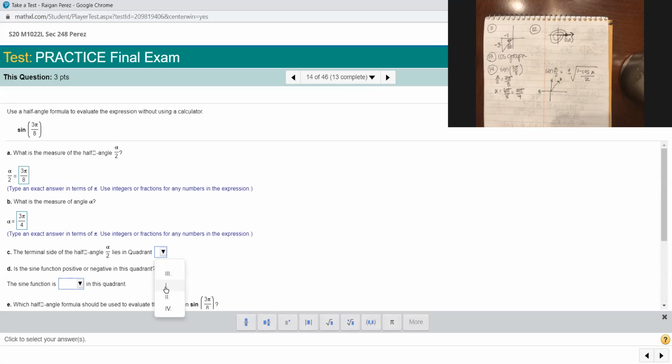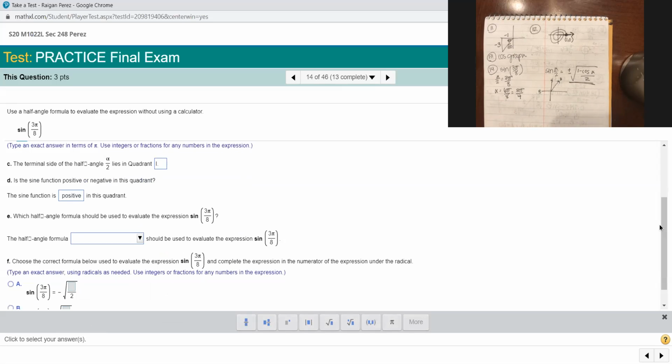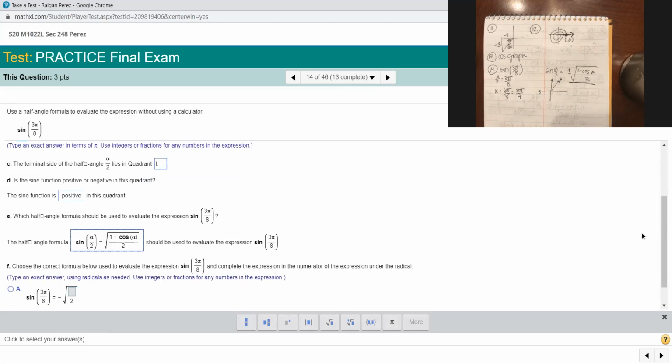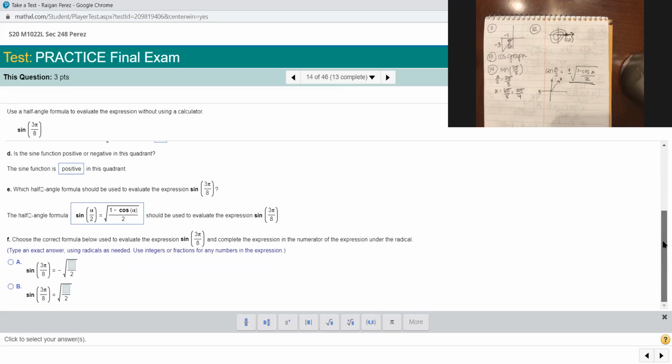That makes sense. So quadrant 1, which sign is positive in this quadrant. So we're going to use the positive version of this one, which basically means our answer is just going to be positive. So we're using half angle formula, positive square root of 1 minus cosine of. Okay, and then we just gotta figure out what it is. So we're looking for cosine of 3 pi over 4 because we need cosine of the regular angle. So 3 pi over 4 lands in this quadrant right here, and cosine is negative.